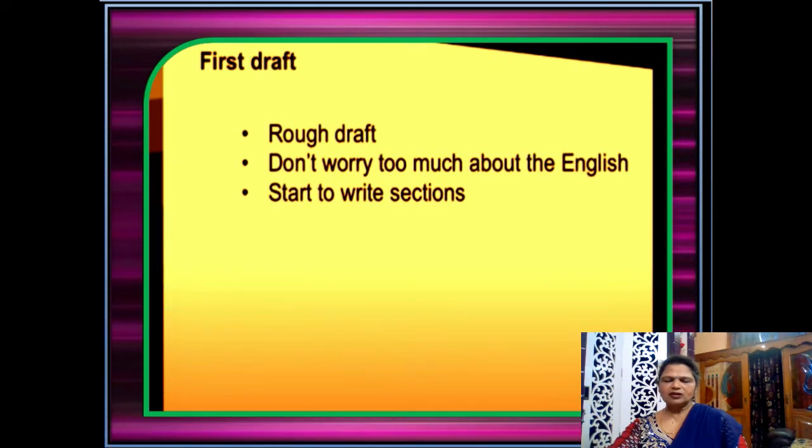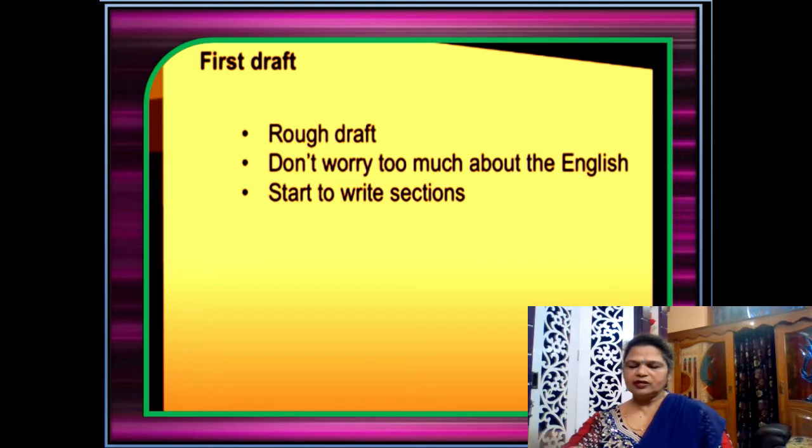First of all, after collecting the information, you have to draft a rough sketch. Here you don't have to worry too much about the language, the vocabulary, or anything else. Just try to make a rough draft and then start writing it into different sections.